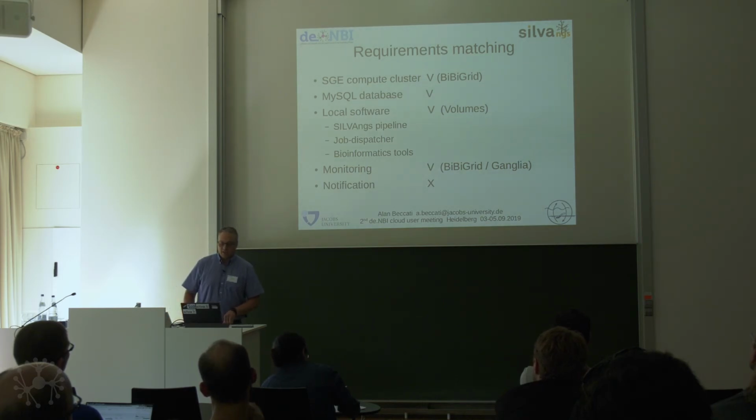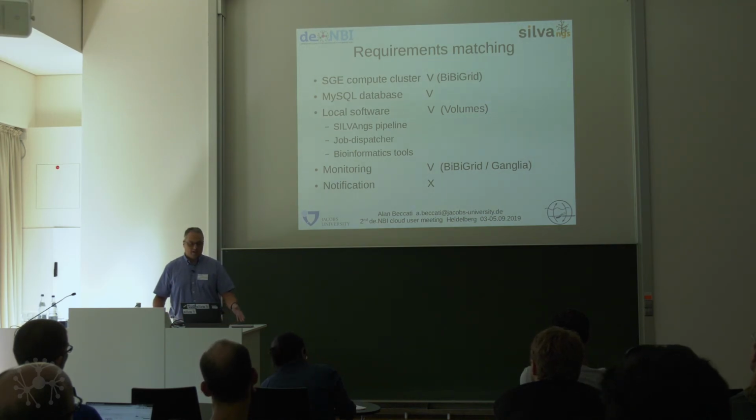The SGE compute cluster was set up using BBGrid, requirement perfectly matched. MySQL database, again a single instance configured manually, but we have it. Local software, we used the OpenStack volumes for that. And for monitoring, there is the Ganglia instance set up automatically by BBGrid.